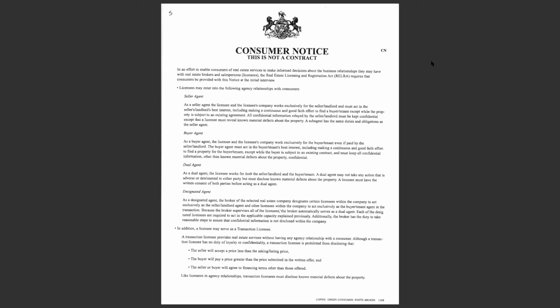All confidential information relayed by the seller or landlord must be kept confidential, except that a licensee must reveal known material defects about the property. That's very important. You, the licensee, are just as responsible as the seller if you know of a material defect that is not disclosed. A subagent has the same duty and obligations as the seller agent.